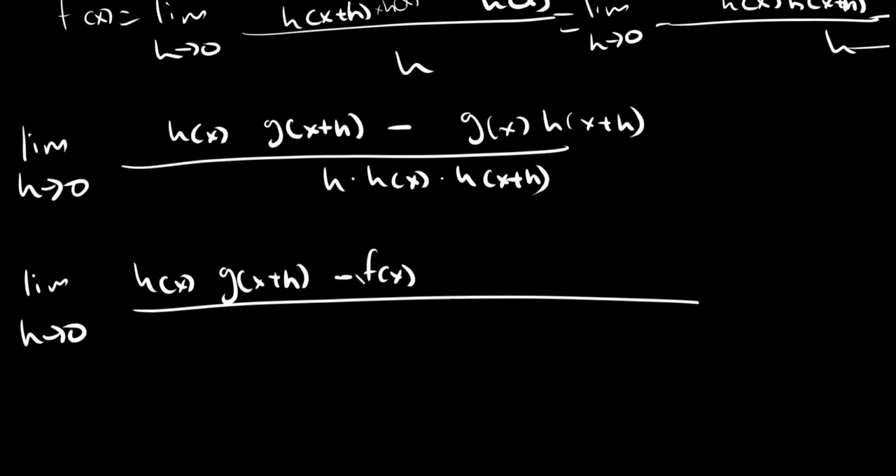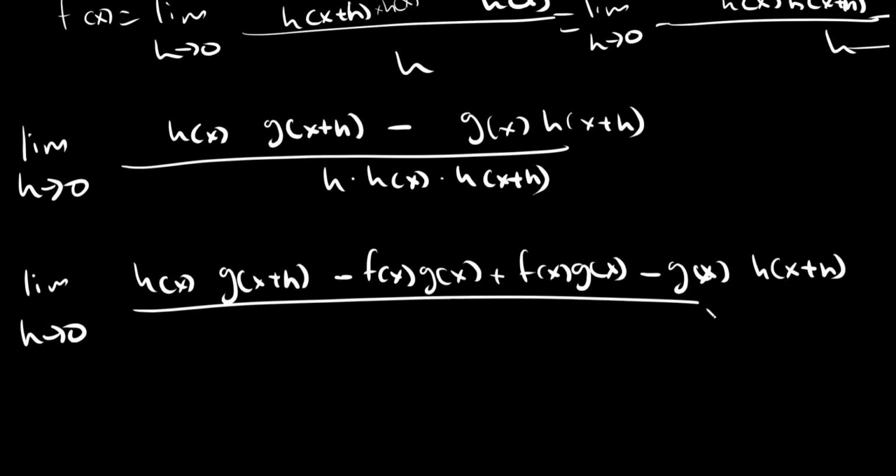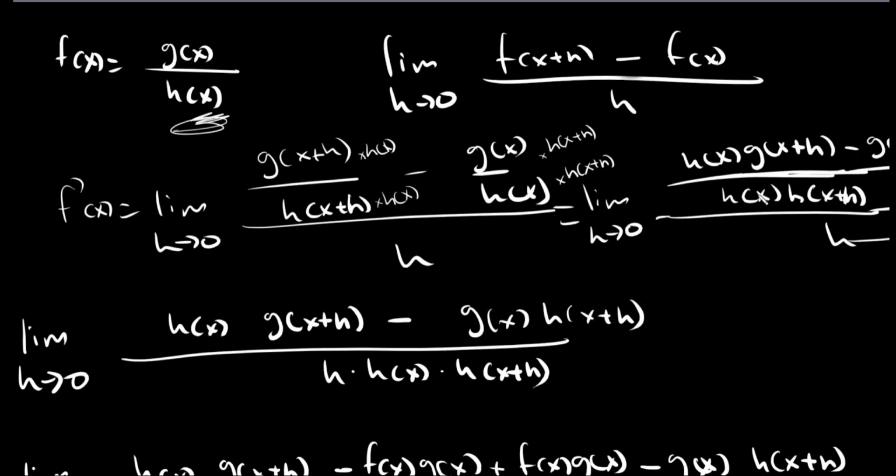It doesn't change anything, but my organization matters to me. Then I'm going to add f of x times g of x, in such a way that this is equal to 0. So nothing really changed. I'm just manipulating in a way such that I can get an answer that contains a format like this.